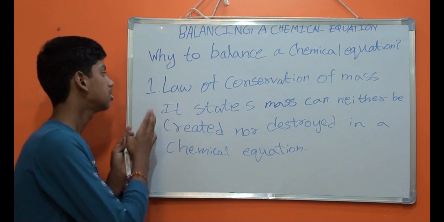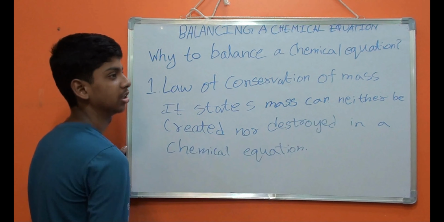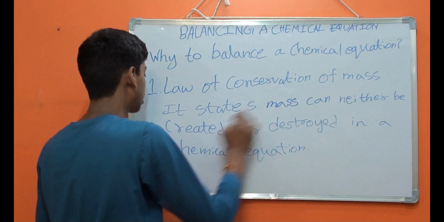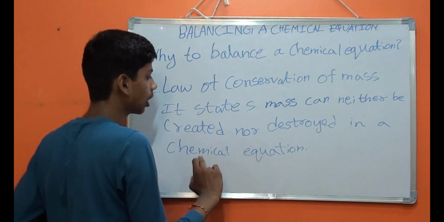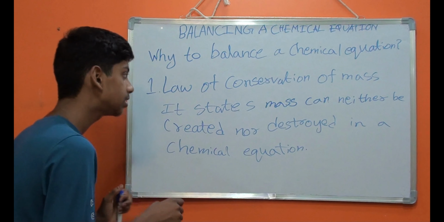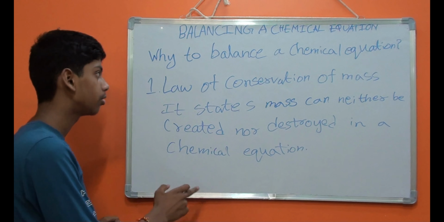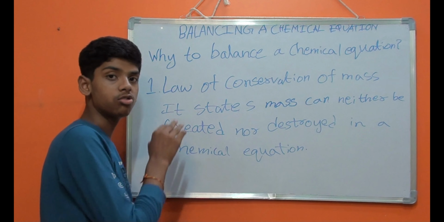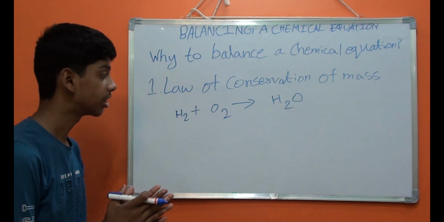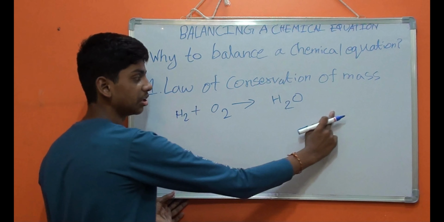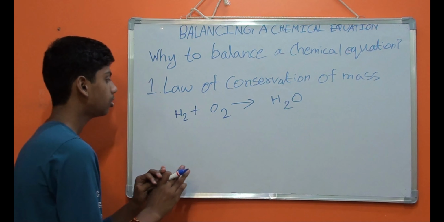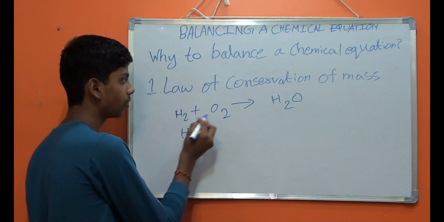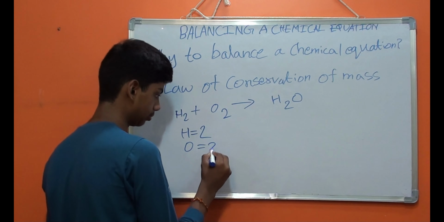So friends, the law of conservation of mass states that mass can neither be created nor destroyed in a chemical equation. Now let's see in a chemical equation how this law is useful and why it is used. So friends, here is an equation. Here hydrogen has 2 atoms on this side and oxygen has 2 atoms.